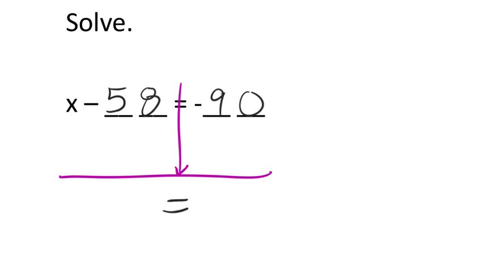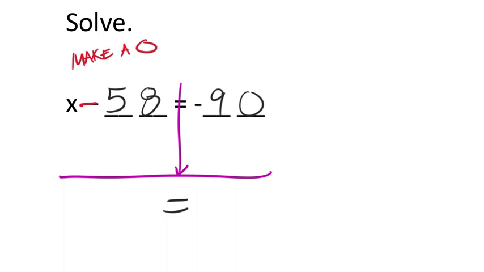So on this one, what I see is a subtraction right here. It's minus 58. Since I'm looking at either addition or subtraction, I know I'm going to need to make a 0. Before I get to the specifics, I'm trying to solve for an x.